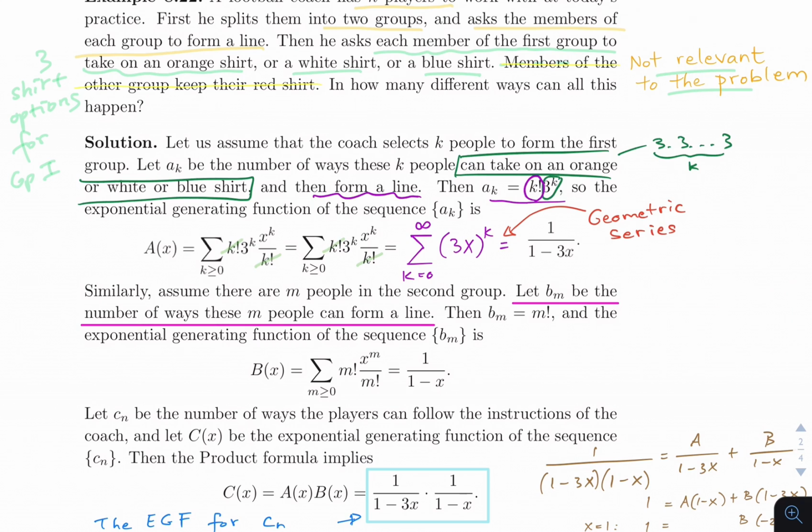And so by definition, the exponential generating function for this sequence is the sum, starting from 0, of A sub K times x to the K over K factorial. And because A sub K is this, I can cancel out the K factorial.